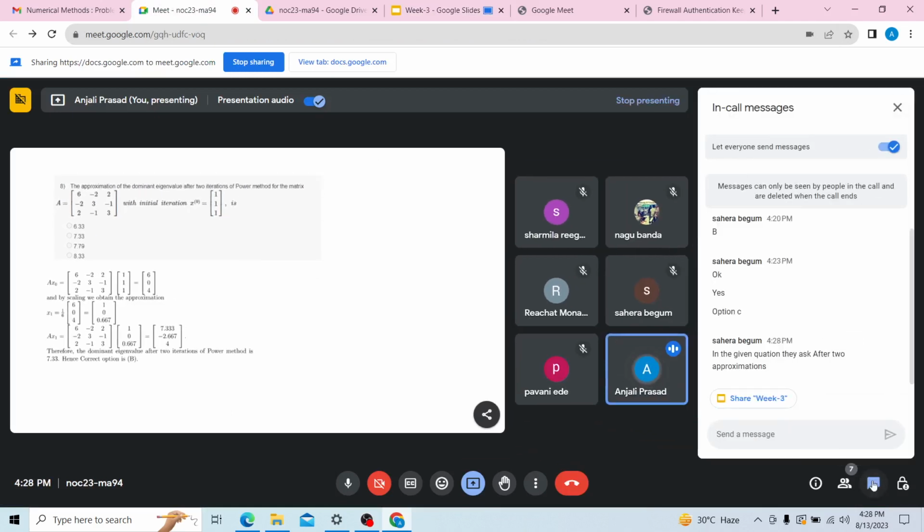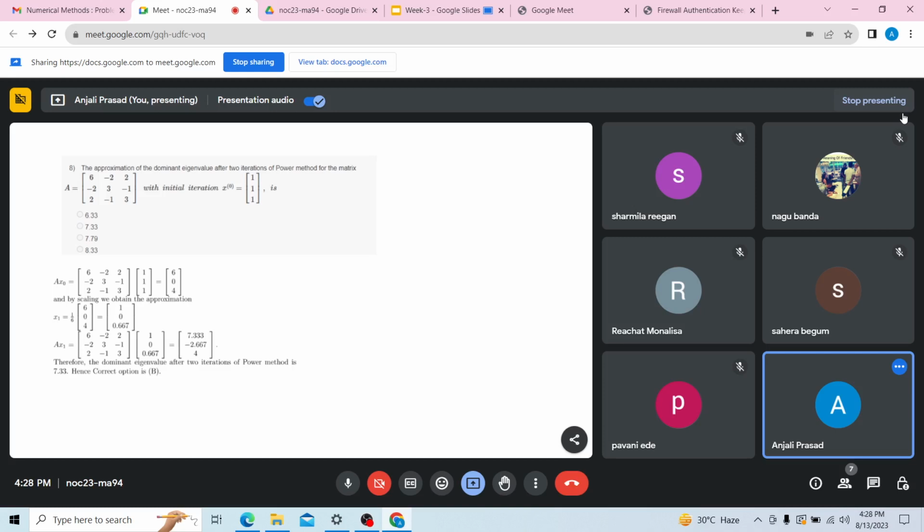Yes, after two approximations you have to give the answer. So after two approximations, are you getting 7.79?